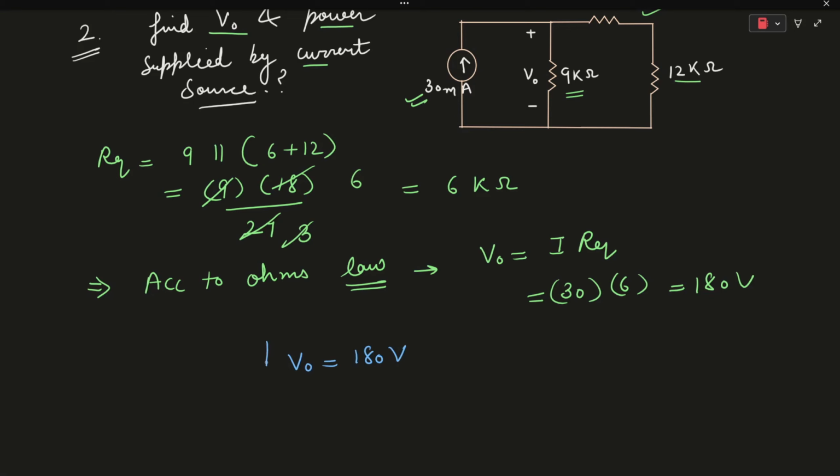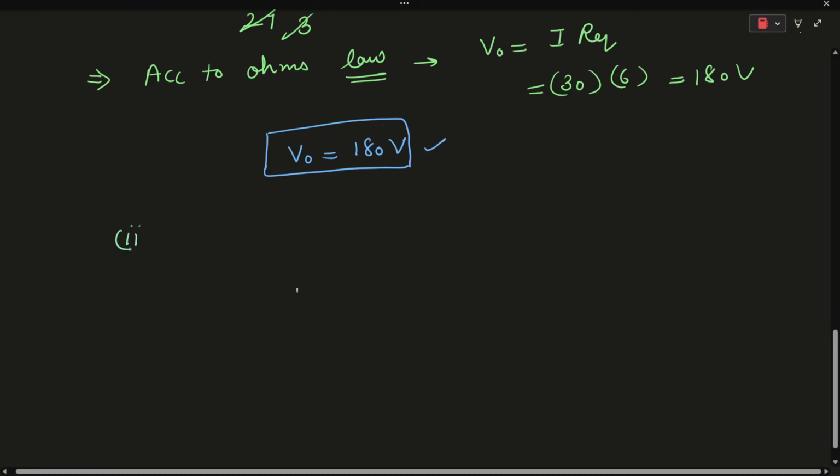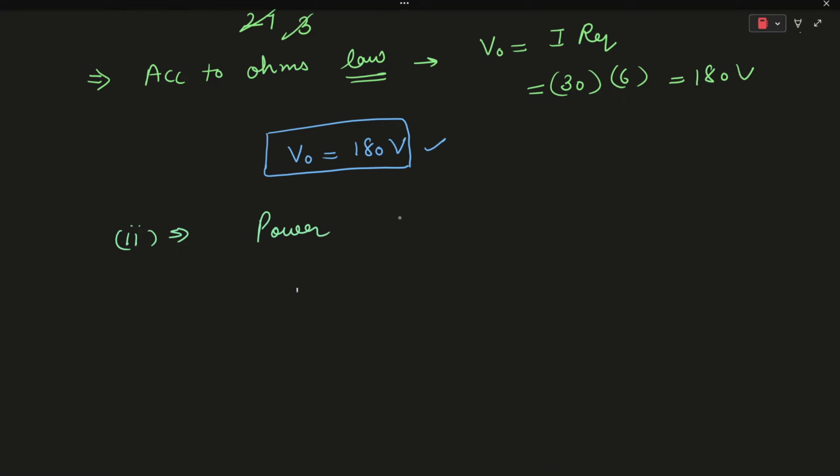Now let's solve the second part of the problem. We need to find the power that has been delivered by the current source of 30 milliamps.